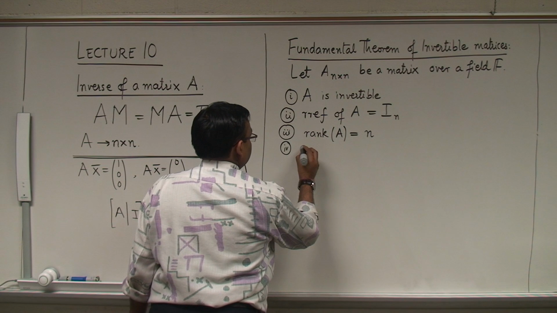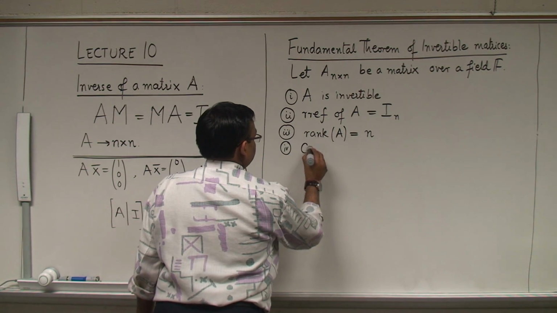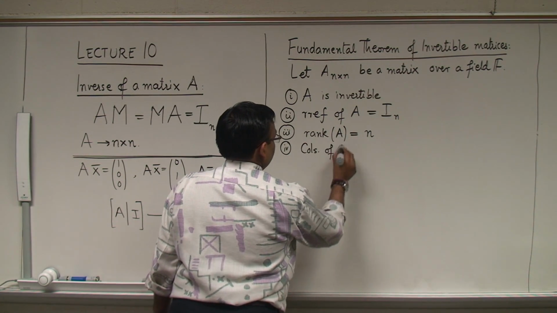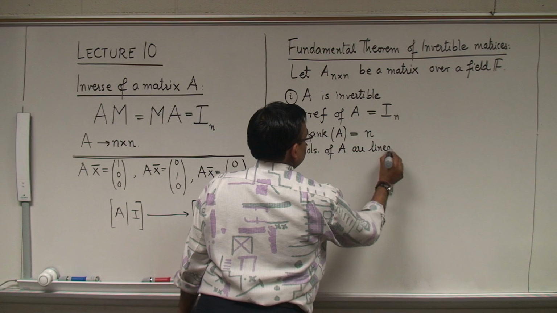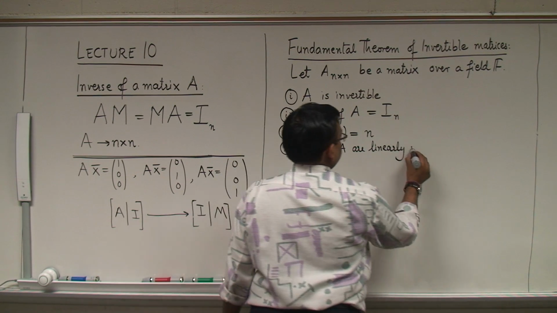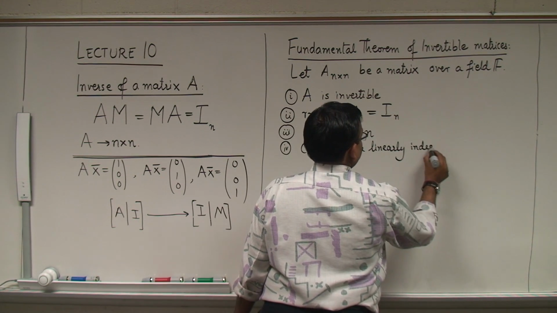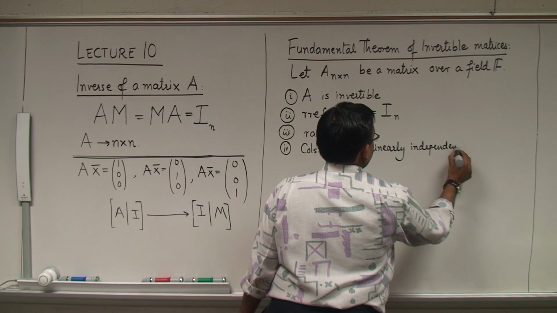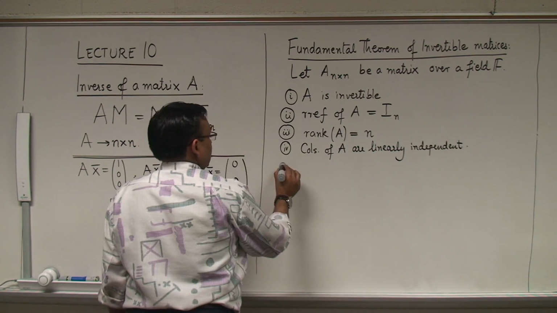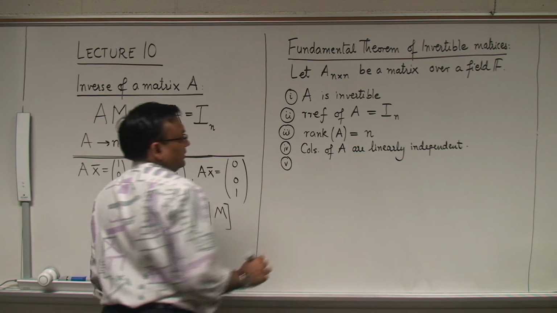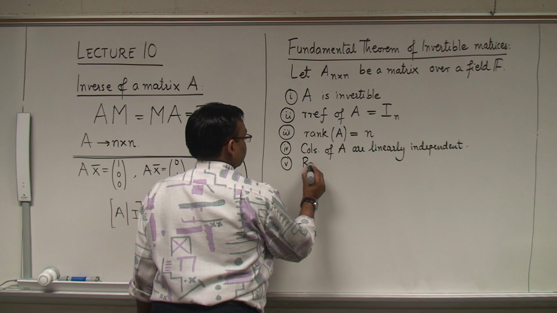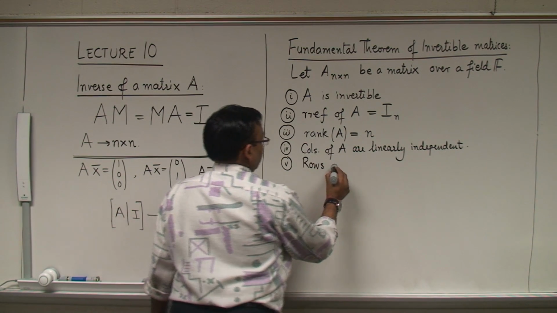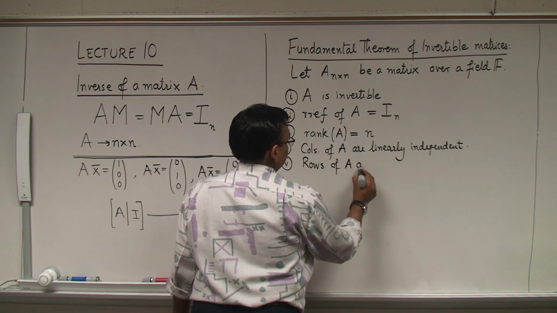So this means that the columns of A are linearly independent. In fact, we will see another way to check this fact very soon. Since all the rows are pivot rows, this also tells me that the rows of A are also linearly independent.